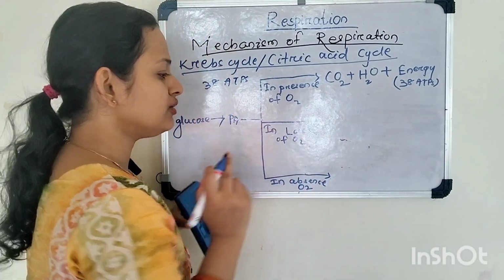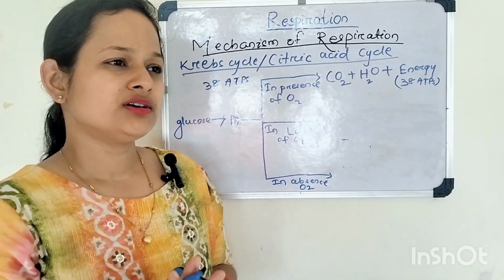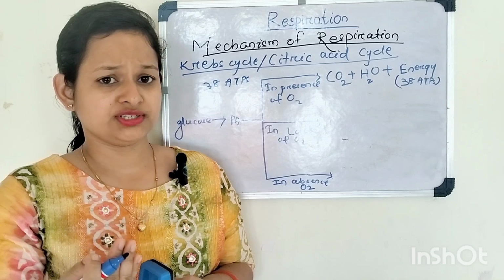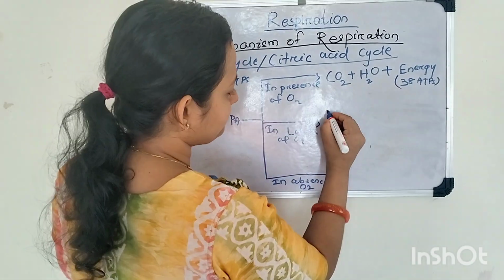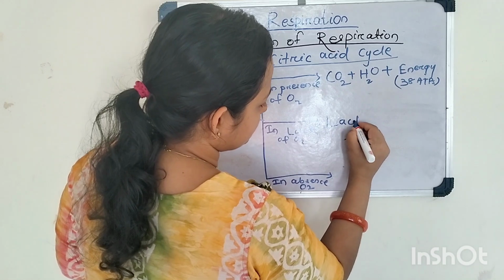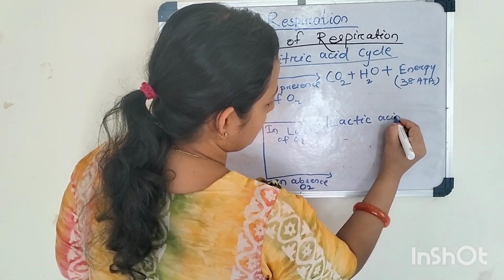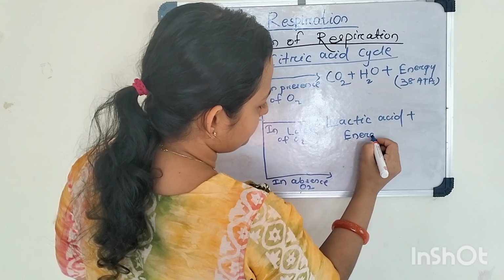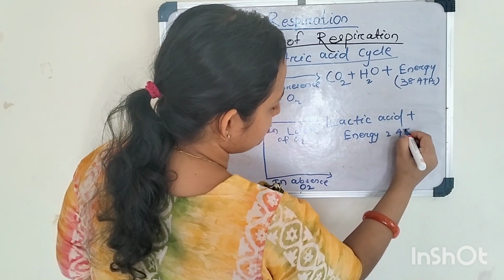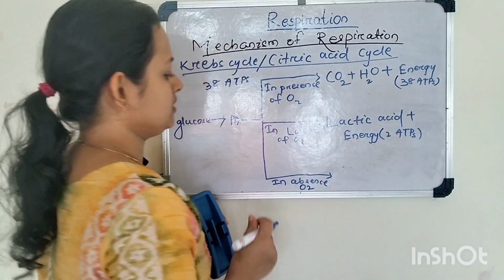And in lack of oxygen, which is a very negligible amount of oxygen, the pyruvic acid will give rise to lactic acid with the release of a very small amount of energy, 2 molecules of ATP.